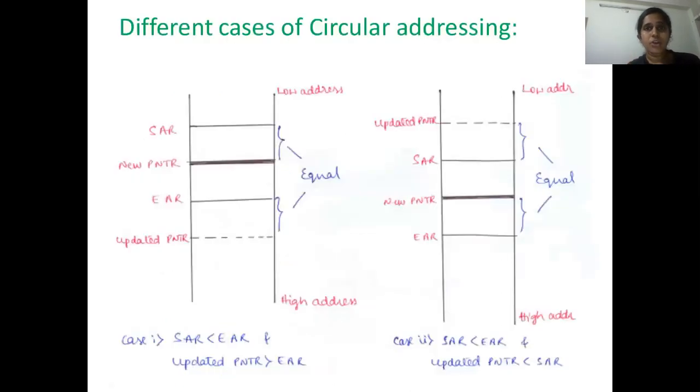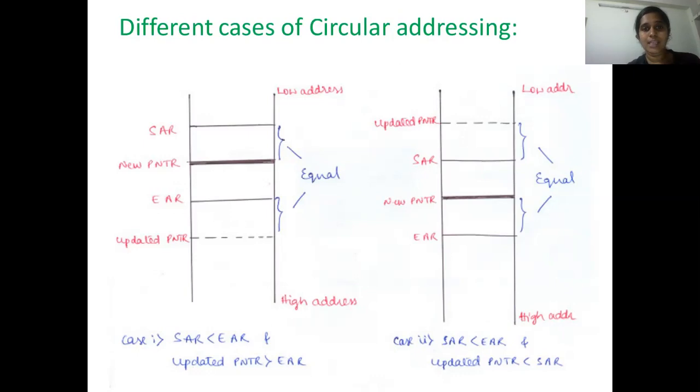Starting address register minus ending address register plus 1. Coming to the different cases of circular addressing, if you look at case one, SAR is less than EAR, so the updated PNTR should be greater than EAR. That is what is shown in the first figure. The updated PNTR should be greater than that of EAR, and the upper value and the lower value should be equal.